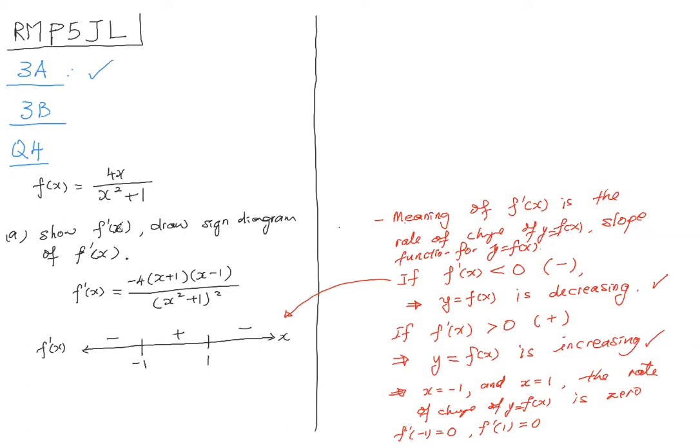So this gives us the characteristic of the point. Then we know that this is called the stationary point, because stationary means the rate of change is 0, it has stopped changing.